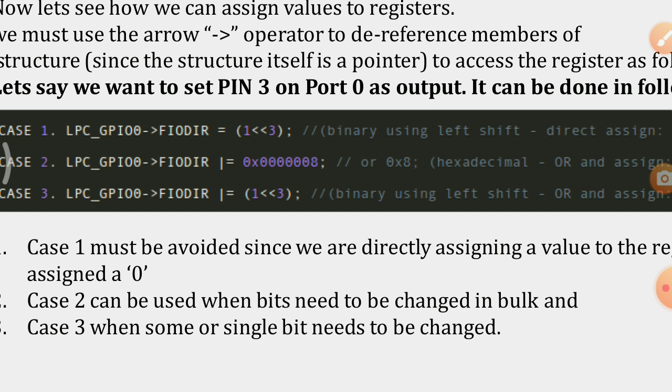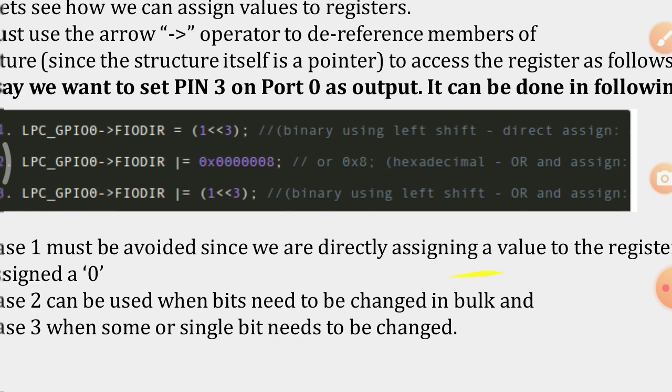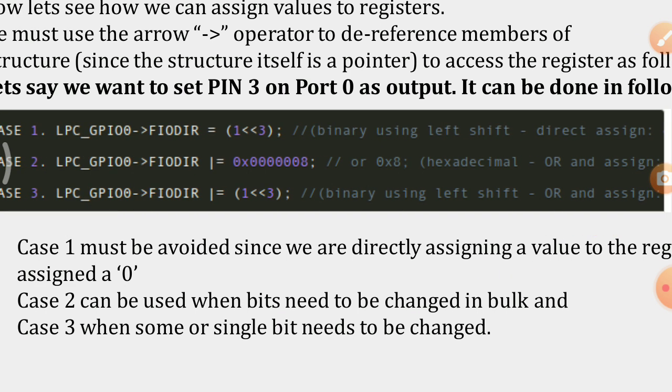So case 1 must be avoided actually, since we are directly assigning a value to the register, so the other bits are being assigned as 0. Now case 2 can be used when bits need to be changed in a bulk way. By using this complete number 0x00000008 we only want to set pin number 3, but here we are writing a number of other pins as 0 also, which is not required.